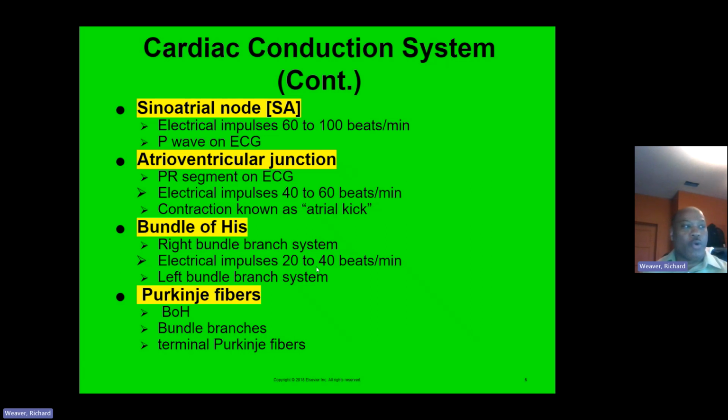Now we're down to 20 to 40. This is likely not going to sustain. It's not sustainable. This is something that the patient is not going to be able to tolerate. All right. Now, the Purkinje fibers, even though it doesn't have it here, I believe some sources might even say that the heartbeat could be down to like the 20s.